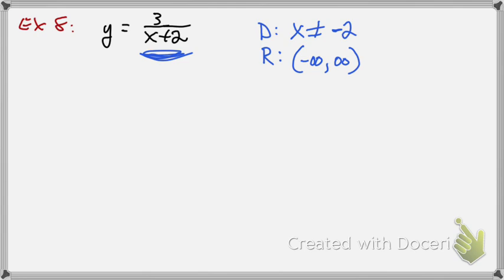I don't care what value of x you put here, the value of this fraction, y, is never going to be 0. Now, the bigger x gets, the closer and closer it gets. What if x was 20 million? Then I'd have 20 million and 2, and 3 being divided by that. That's a tiny, tiny number.